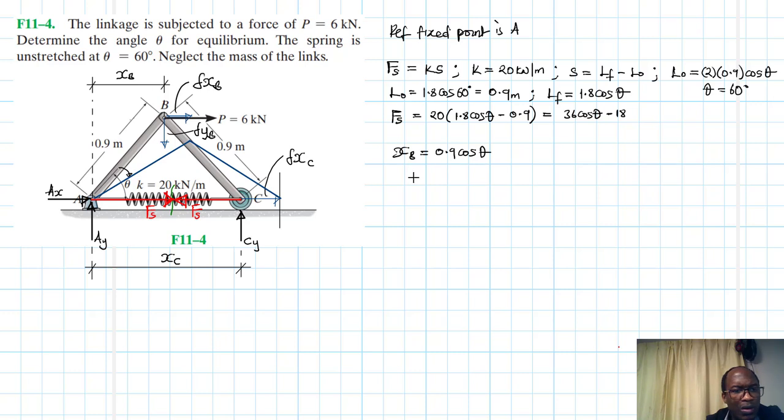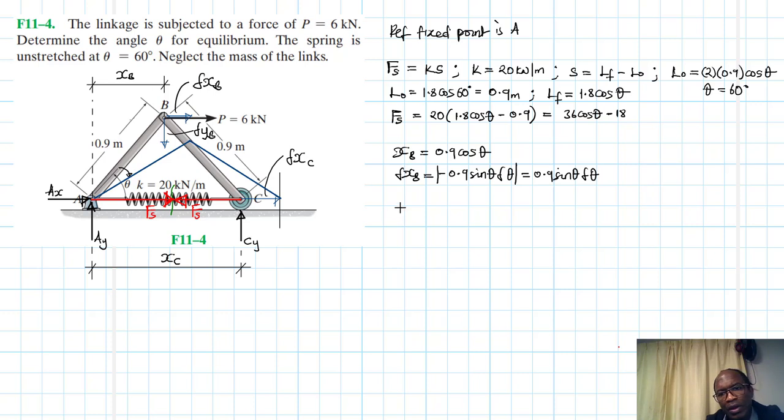Therefore the vector displacement del xb is equal to minus 0.9 sine theta del theta. Of course we want an absolute value, so this is just 0.9 sine theta del theta.